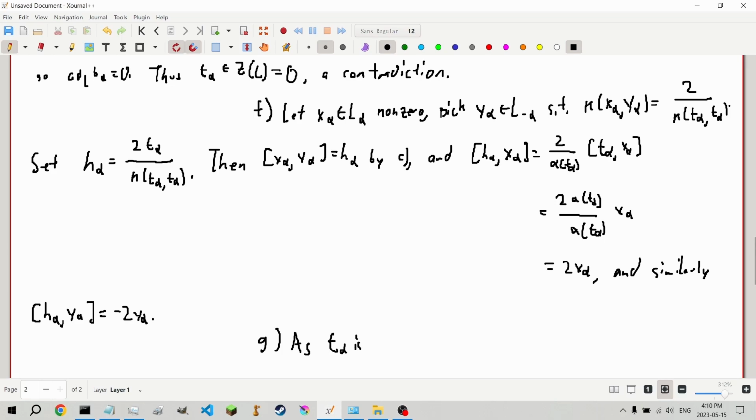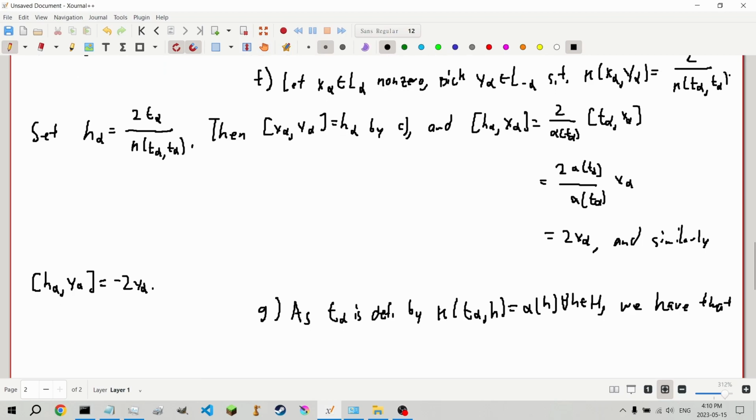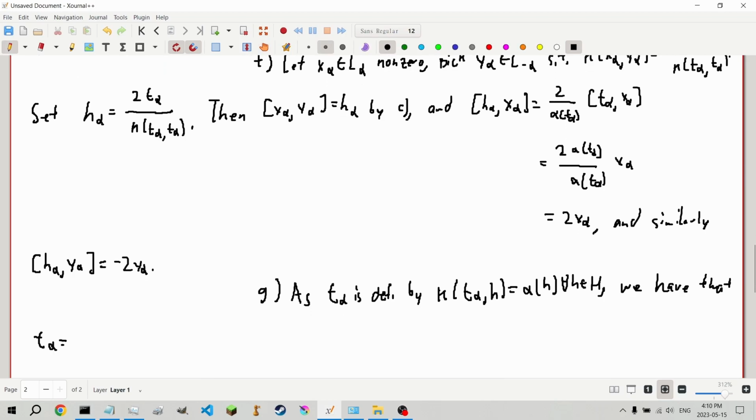T alpha is defined by K of T alpha and H being equal to alpha of H, for all H in H. We have that T alpha is equal to negative T of negative alpha and the rest is computation.